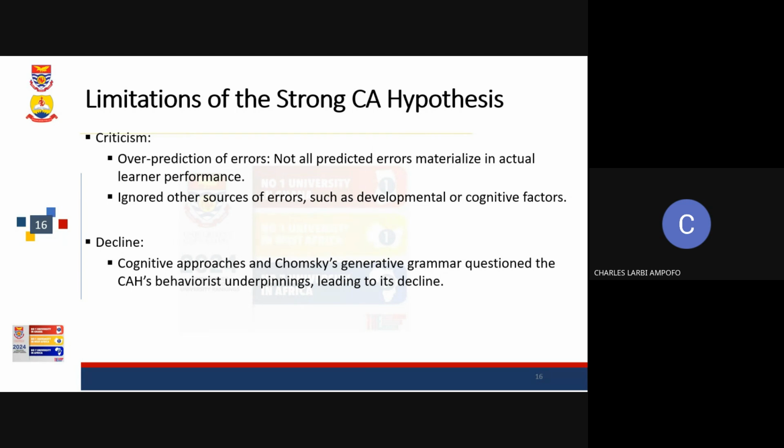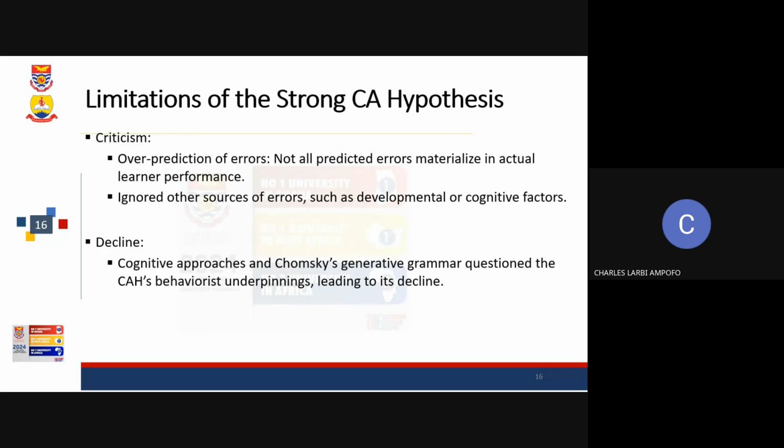Sometimes a child has come to school and has not eaten. Sometimes a person doesn't have the resources. But for contrastive analysis, they are saying that errors committed are only because of L1 transfer. No other factor influences that.